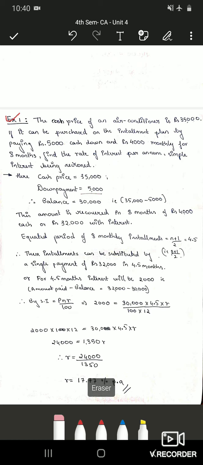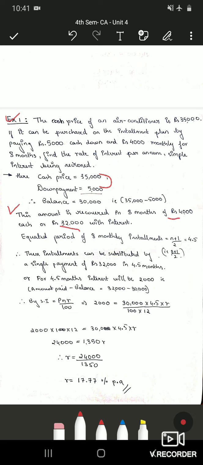It will be 30,000, that is 35,000 minus 5,000, and this amount is covered in 8 monthly installments of 4,000 each, that is every month you are going to pay 4,000, or you are going to pay 32,000 with interest.